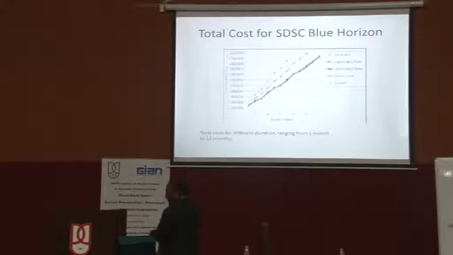And you can see the next one is multiple contracts, and the red one is single contract. So the red one is here for single contract, and that one is for multiple contract. This is the cost. You can see that as the time increases, the cost also goes up.